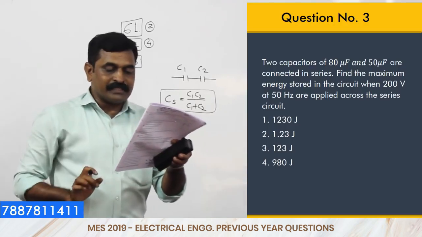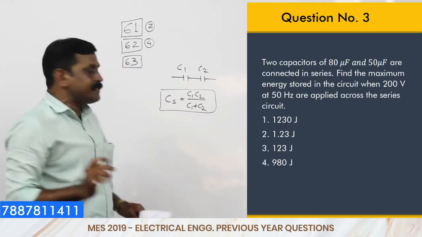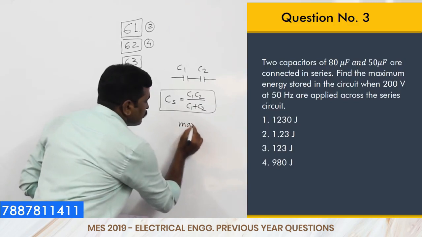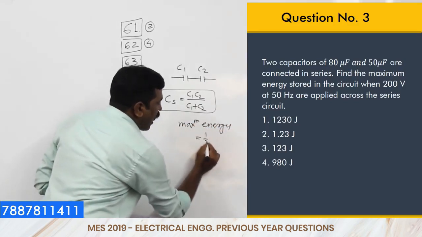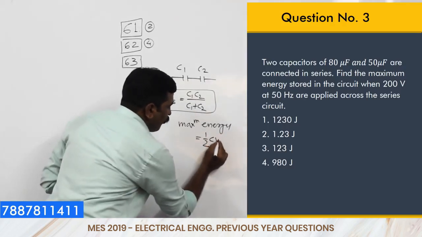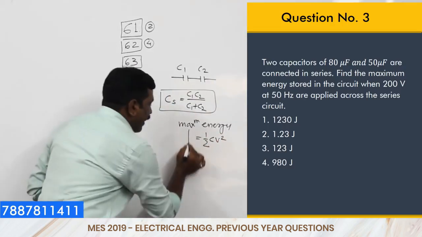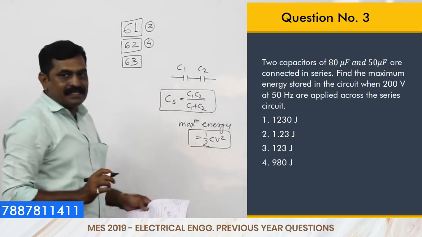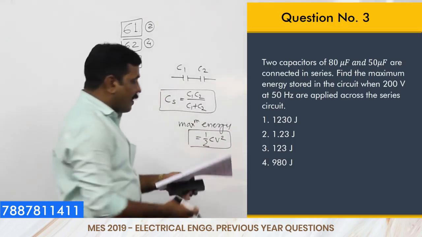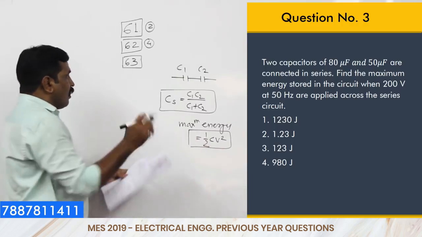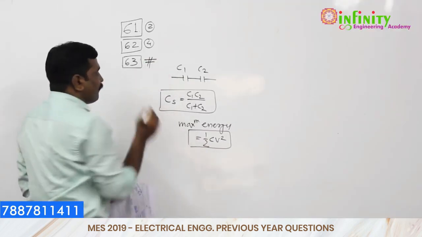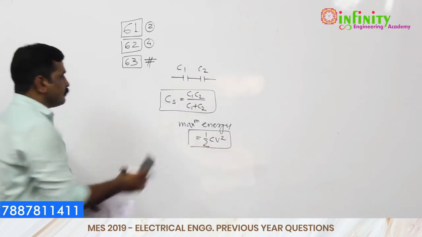The particular question relates to the maximum energy stored. So maximum energy stored is half CV square. If we put the values over here, you will get the answer, but there is a specific part related to this. So definitely you should ask, or this particular part you can refer from the MPSC keys.